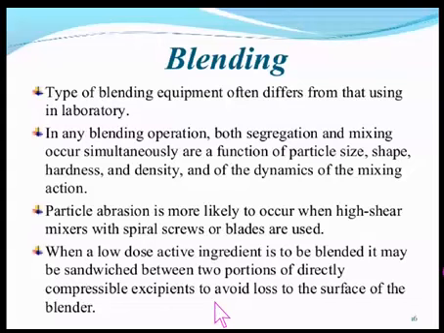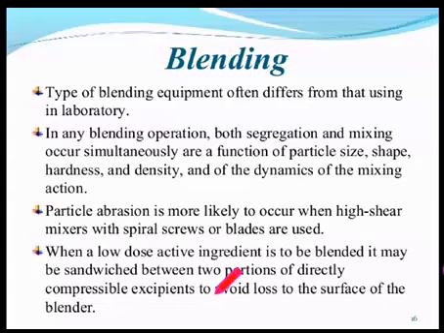See, the active ingredient is very small in quantity compared to the other excipients, so it is advisable to keep it sandwiched between two portions of directly compressible vehicles or excipients during the blending operation.